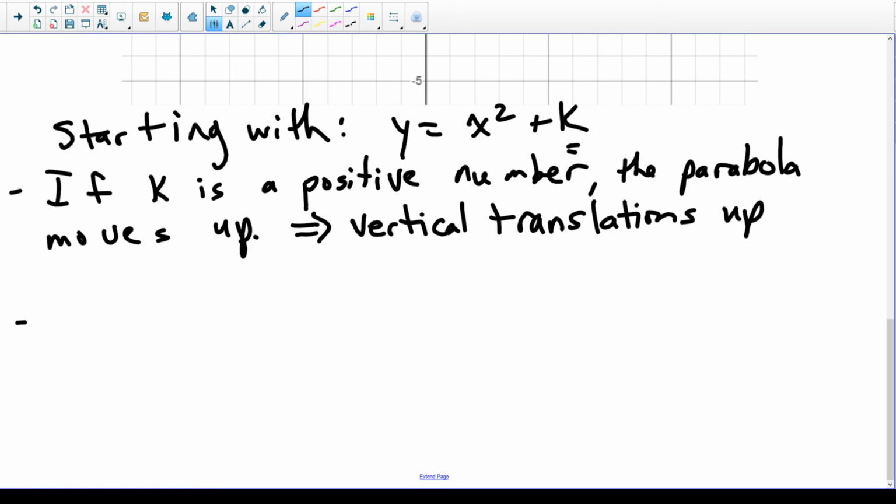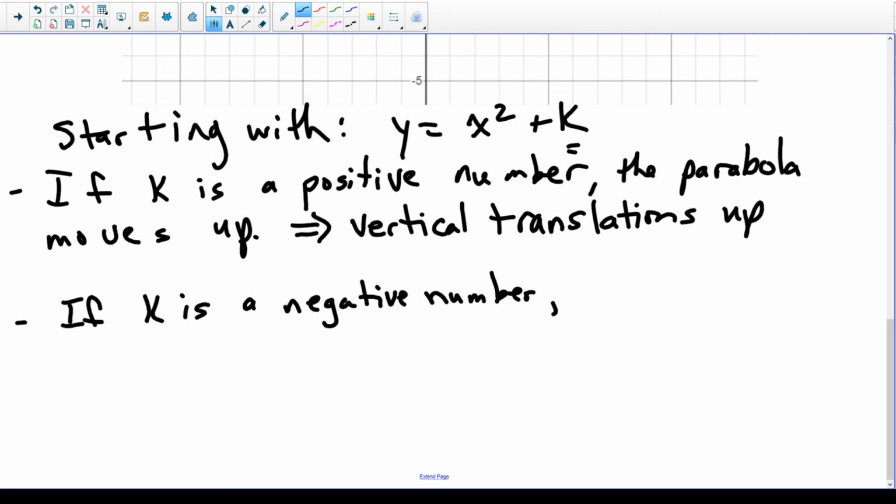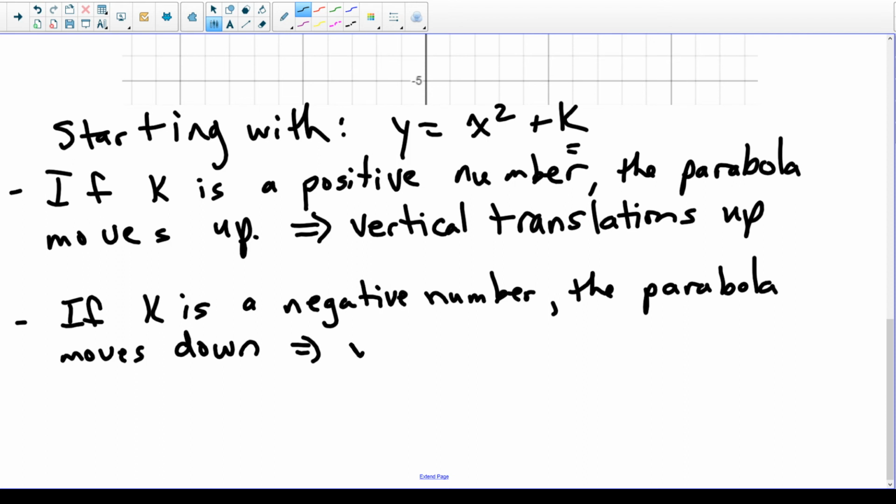So what happens if k is negative? So if k is a negative number, the parabola moves down, which is again a vertical translation.